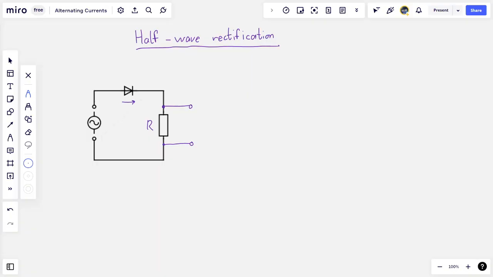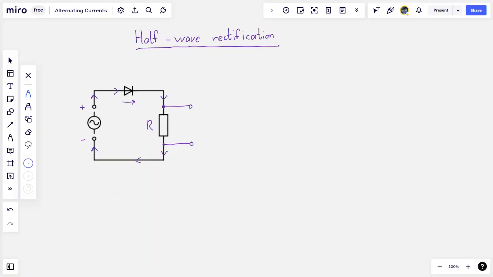So let me assume that initially the top terminal is positive and the bottom terminal is negative. Conventional current flows from positive to negative. So a current leaves the AC power source, gets to the diode, it's moving in the direction of the diode, so all is well, moves through the resistor and back to the power source.